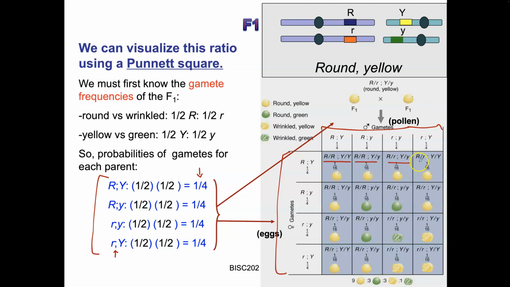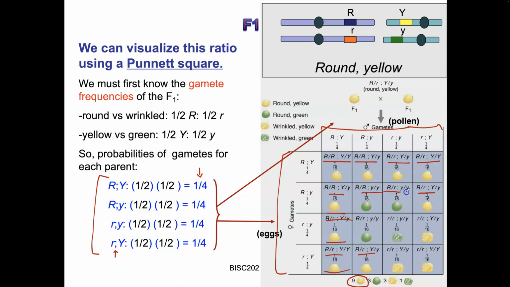There's a picture, of course, but we can identify it based on the genotype. Should be underlining the genotypes here. Sorry about that. So everything with at least one dominant R allele and one dominant yellow. So that's 1, 2, 3, 4, 5, 6, 7, 8, 9. So 9/16 have the 2 dominants.